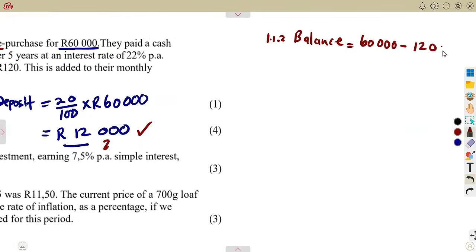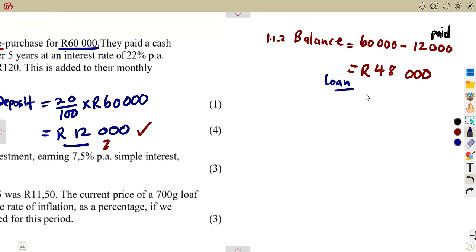Remember, this one is already paid. So the balance is what is not paid, what is yet to be paid. That balance was going to be 48,000 rand. This is the balance to be paid, so it is going to be paid now as a loan.